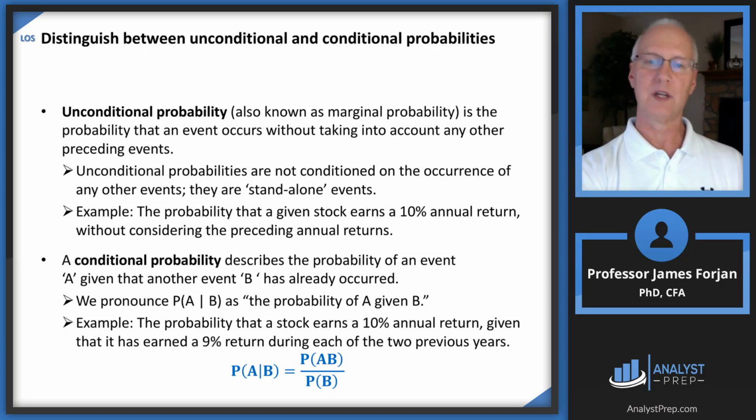And so that's the difference between the unconditional probability, which is taking a look at the probability of an event without thinking about anything else, without taking into account any other preceding events. These are standalone events.